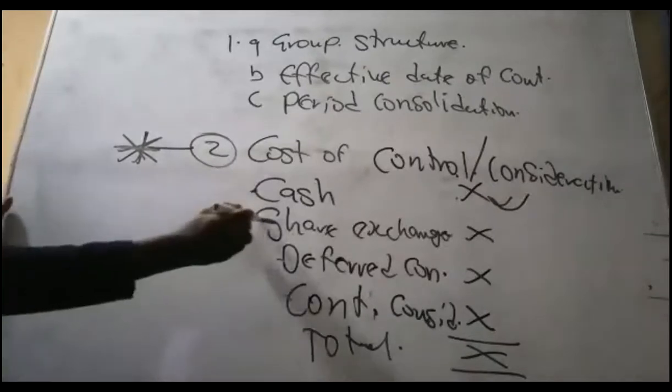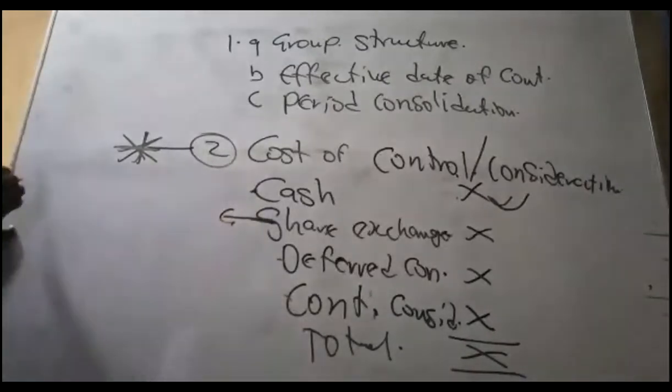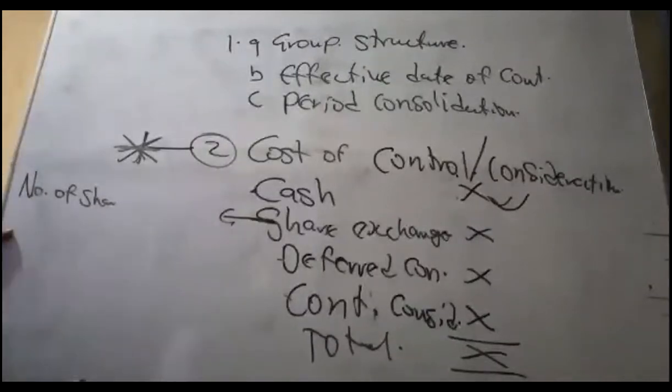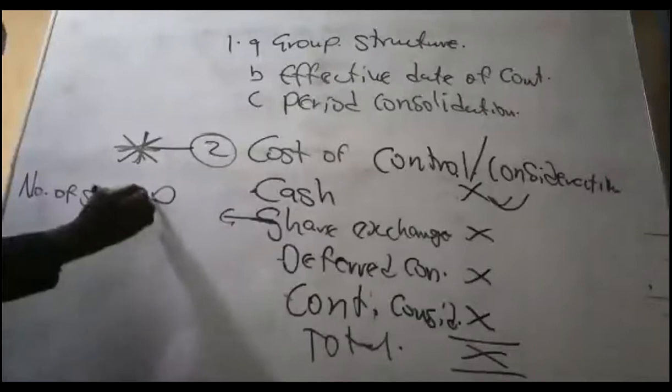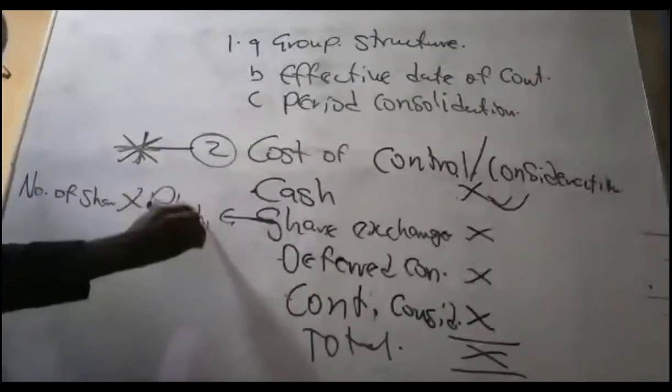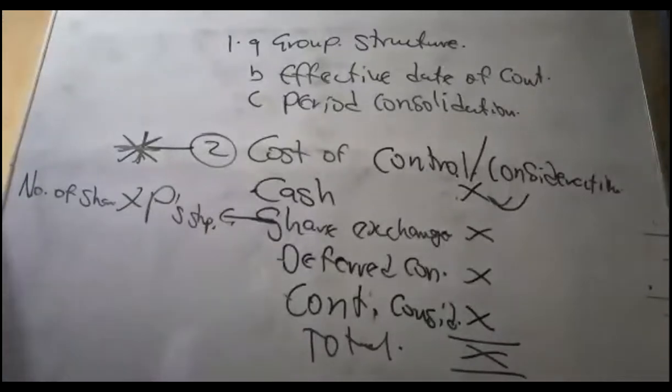So this value is nothing but the number of shares exchanged times the parent share price. So P's share price. Why the parent share price? Because the shares are for who? The parent's. I'm giving you shares. So we have to use the parent share price. That is it. So to get a value, the number of shares.